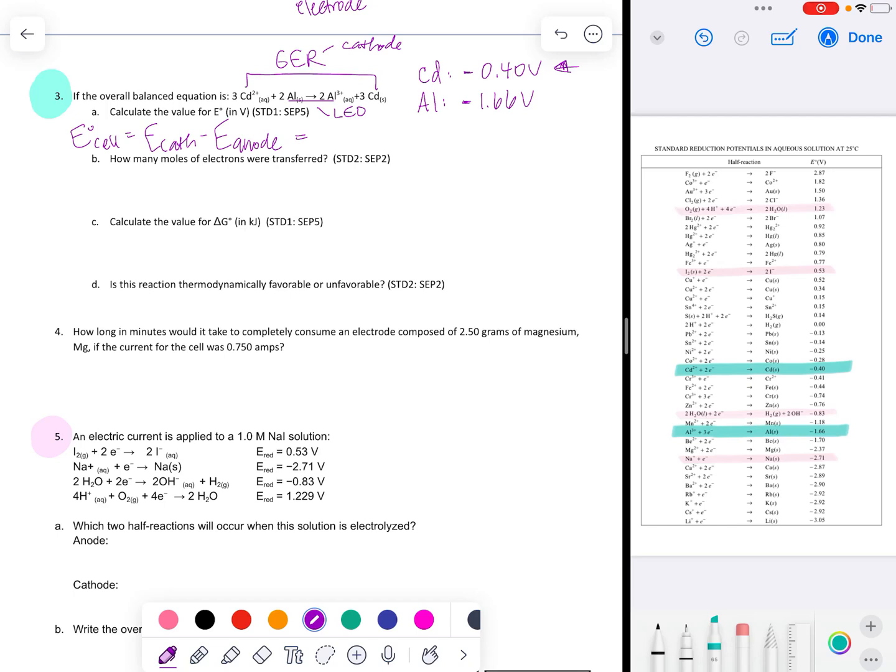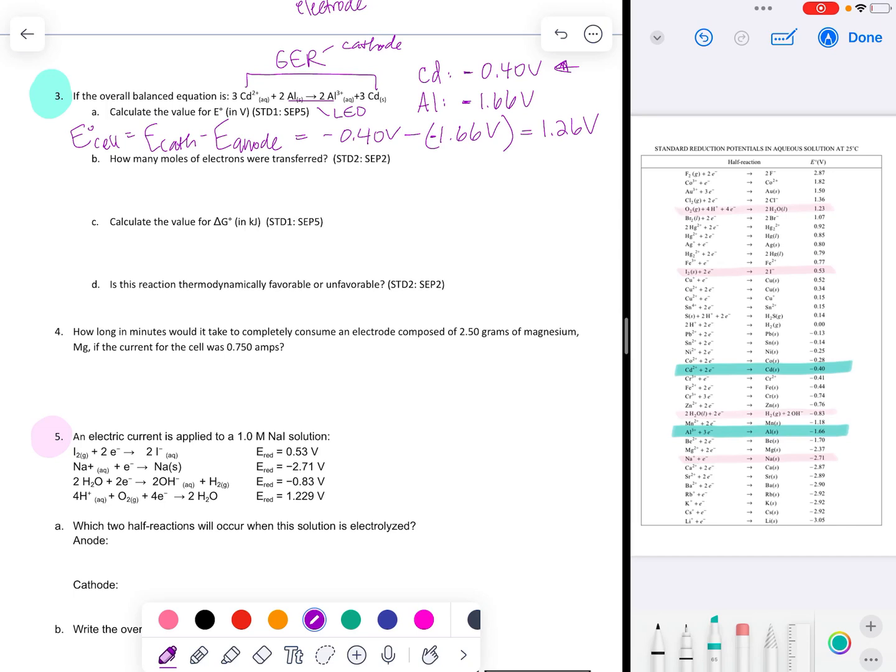So my cathode is negative 0.40 volts minus negative 1.66 volts, and this is negative, right? So that ends up being a positive overall. And when I add them together, I get 1.26 volts.